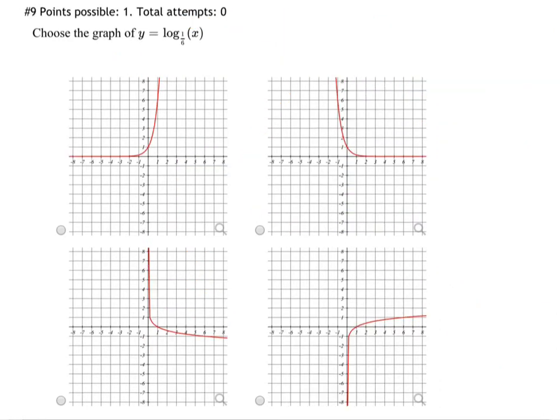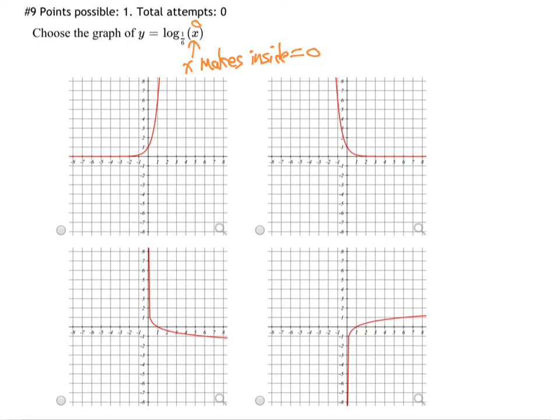Number 9. So we're going to graph this one to find out which of these is the correct answer. So, XY chart again. And we're going to start with the X that makes the inside equal 0.